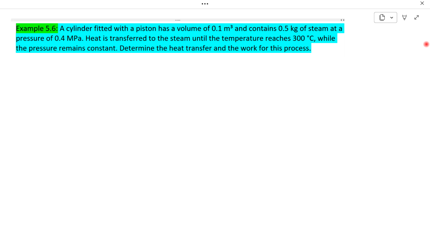In this lecture, we are solving example 5.6 from thermodynamics. The statement of the example is: a cylinder fitted with a piston has a volume of 0.01 meter cube.